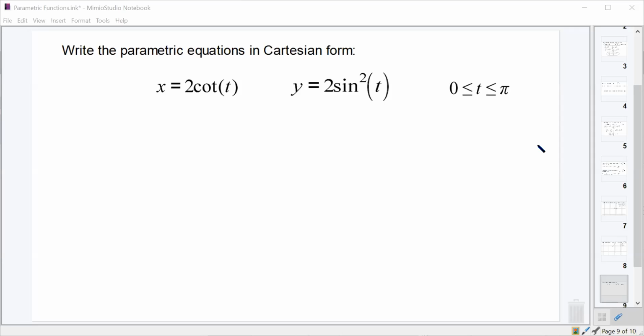Hopefully you're not wrong. I looked at the Pythagorean identity 1 plus cotangent squared x equals cosecant squared x. So to get cotangent squared of t, I took x equals 2 cotangent t and squared both sides, so I got x squared equals 4 cotangent squared t.